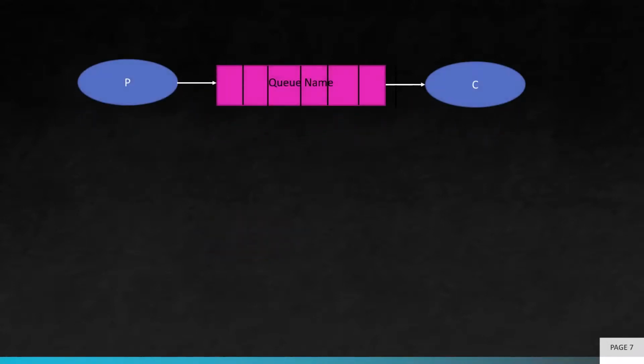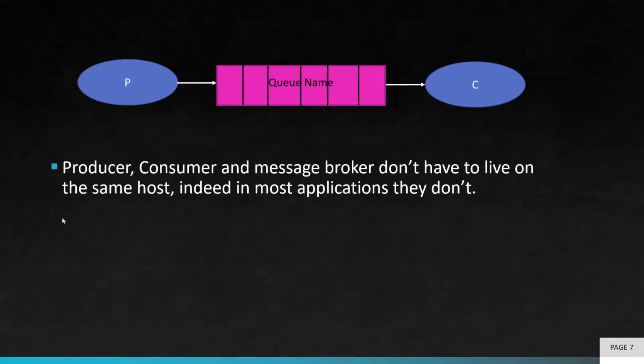So putting this all together, we have this producer, which is actually generating the message. You can call this the publisher also, and it is putting it in a queue with a particular name, and this is the part which RabbitMQ plays. It's a message broker, and the consumer consumes these messages. Another important thing to note is that the producer, consumer, and message broker don't live on the same host.